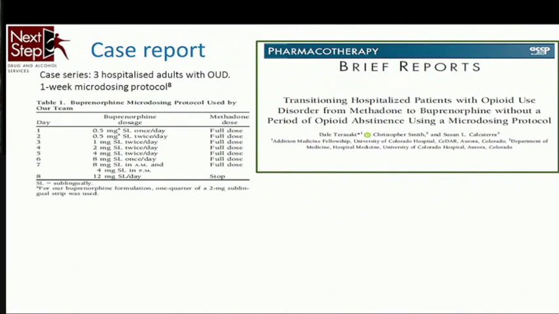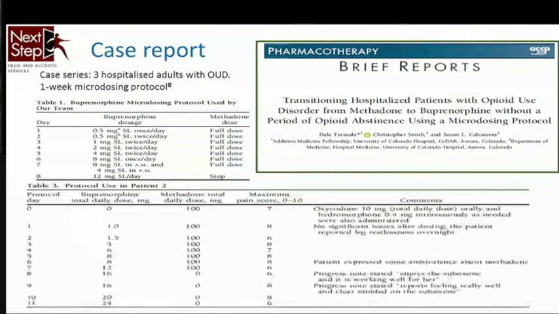Most case reports you will see have a very similar dosing regimen. I've taken one example, patient 2, who was on 100 milligrams of methadone that reduced over 7 days, with the buprenorphine increasing gradually up to 16 and then 24 milligrams. Once again, well tolerated.